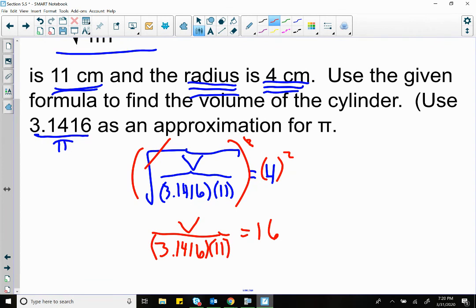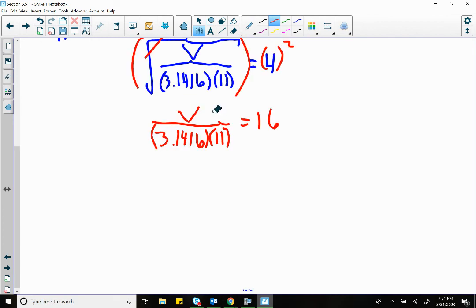Okay? So how do I get rid of division here? Well, to get rid of division, you multiply. So both sides are going to get multiplied by what's in the denominator here. So we're going to multiply by 3.1416 times 11.